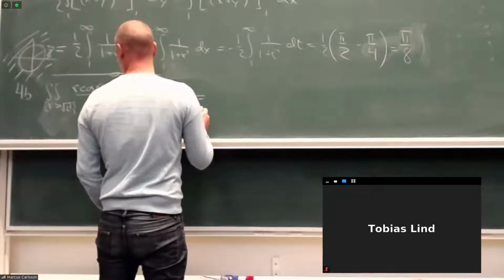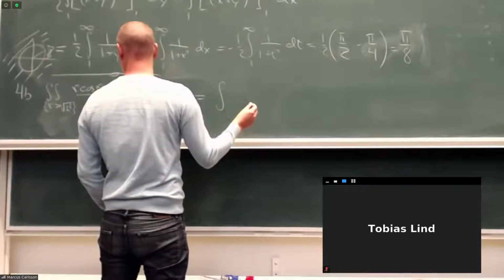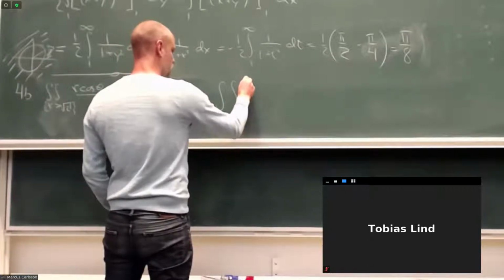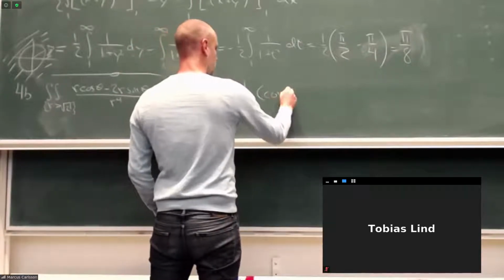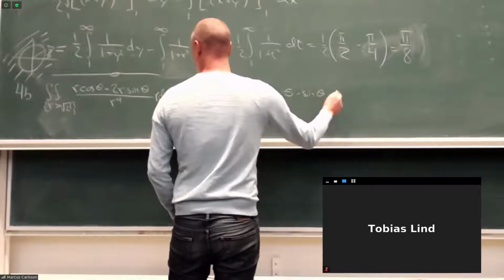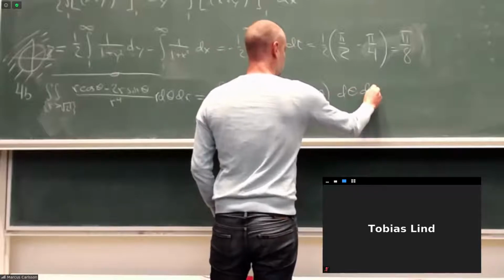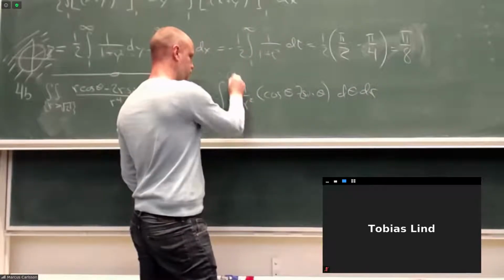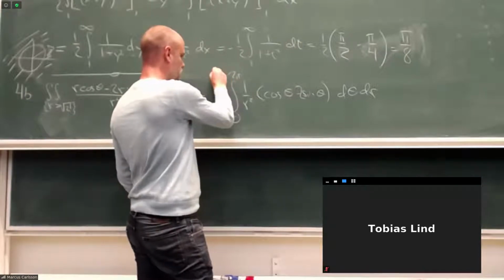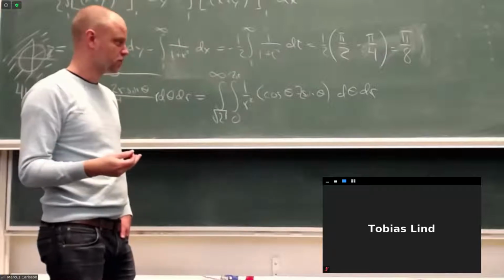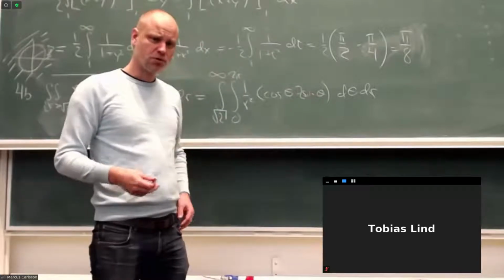This is the integral of 1 over r squared, and then cosine theta minus 2 sine theta dθ dr. And again, it is worthwhile to think about which one you do first, because cosine theta and sine theta over a whole period both have integral 0.